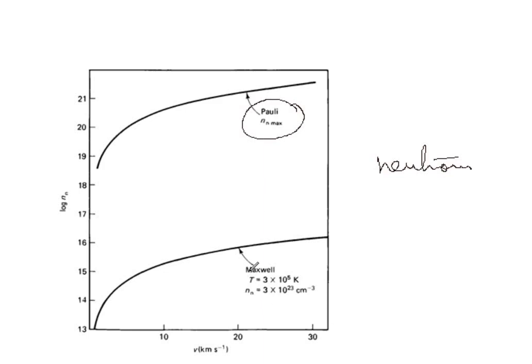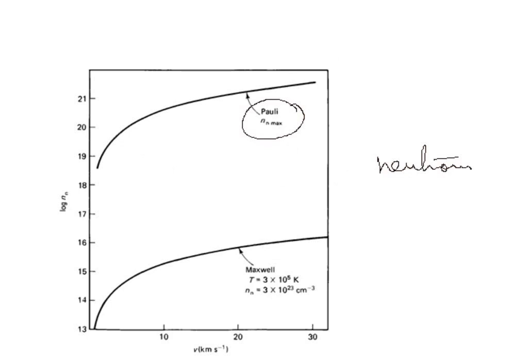For this number of particles per centimeter cube, we also found the degeneracy for electrons, while the number of neutrons stays well below the Pauli's principle limit for all velocities.